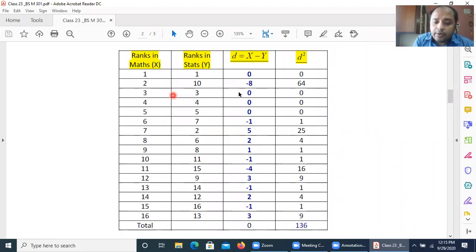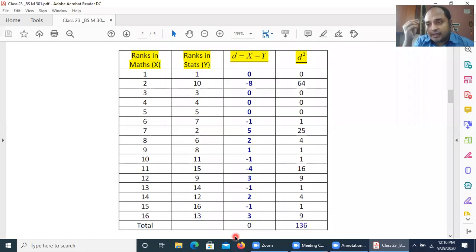D means the difference of ranks in mathematics and ranks in statistics. So all the differences of capital X and capital Y have been tabulated here. And just like I told you, the sum of the deviations is always 0. If you take the sum of this column, you will find the total is 0.